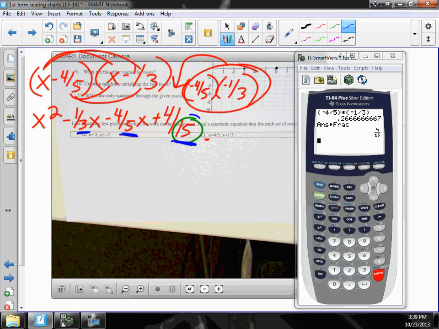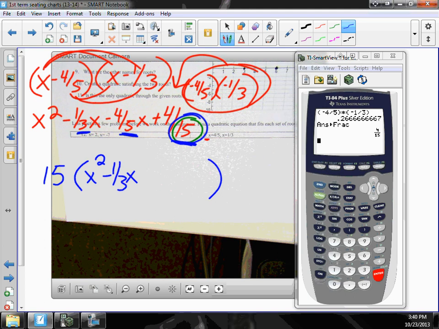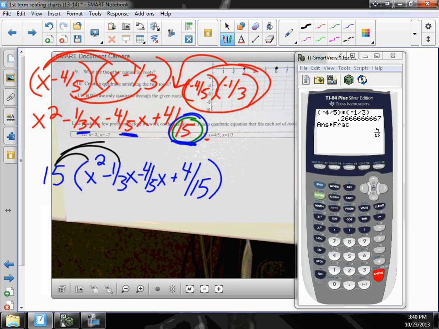So I'm going to take this 15, and I'm going to times it by the entire quadratic. x squared minus 1/3 x minus 4/5 x plus 4/15. Now I'm going to multiply this 15 into all four of those terms, and then I'll simplify it, and I'll get a quadratic that's a lot easier to work with.